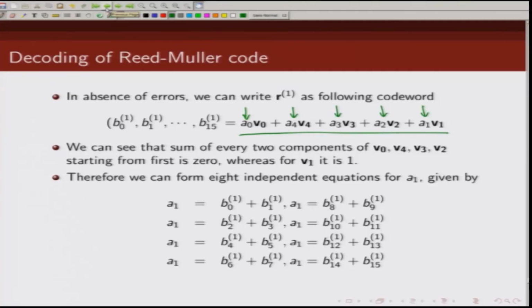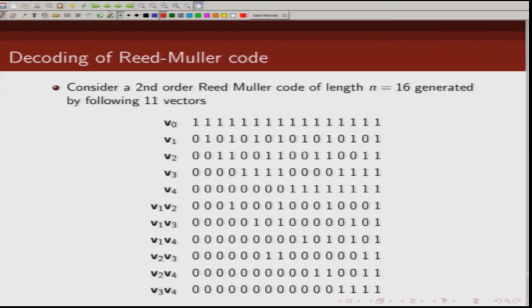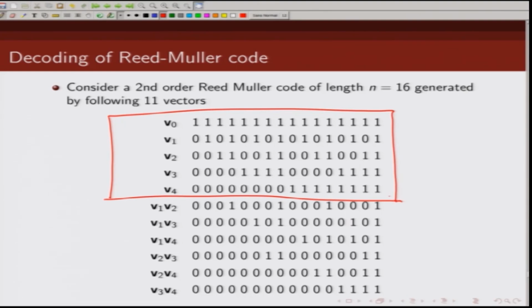Now, we will try to decode the terms related to the first order, and we will follow the same procedure. We are again going to look at this G matrix and at the bit. Because the contribution of these has been removed, assuming we have correctly decoded A12, A13, A14, we are only left with this.